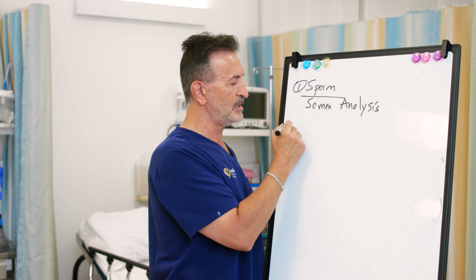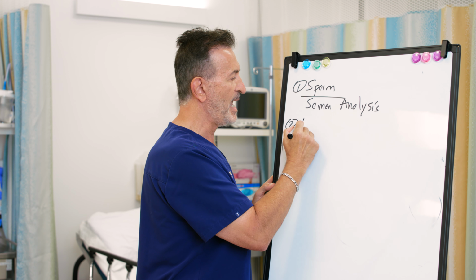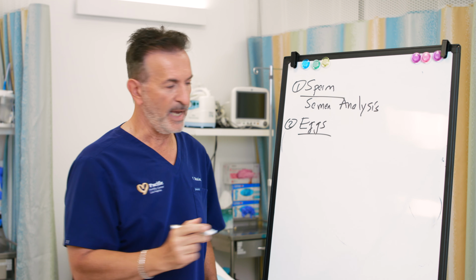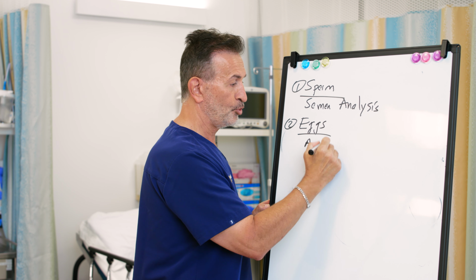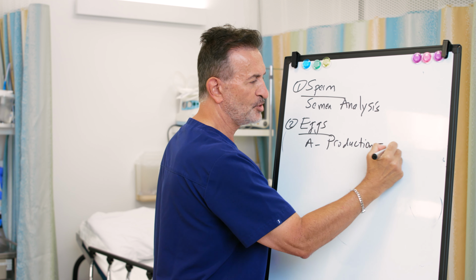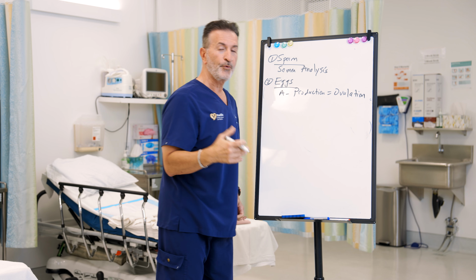Let's go to the next common cause of infertility in women. Let's talk about the eggs, okay? 2 things need to happen with the eggs. 1, production, which means ovulation, right? In order for you to get pregnant, you need to produce an egg and you need to release the egg.